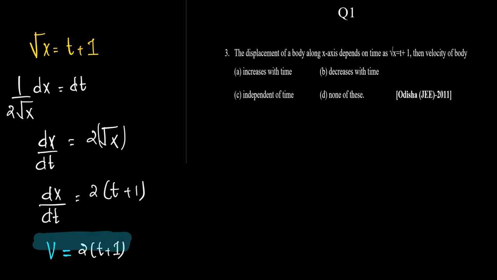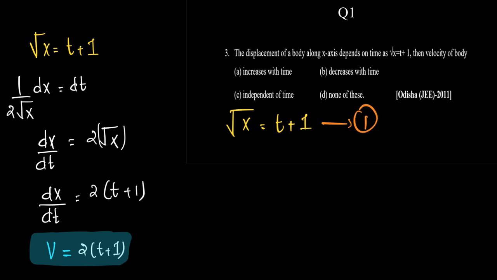Before we discuss the options, let me tell you one more thing. Many a time students ask me this question: should we be squaring all the time? That's not required. You can do the question otherwise also. But let me solve the other way around. If this is equation number 1, and if you square this on both sides, what does it become?